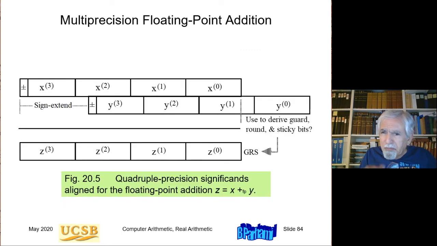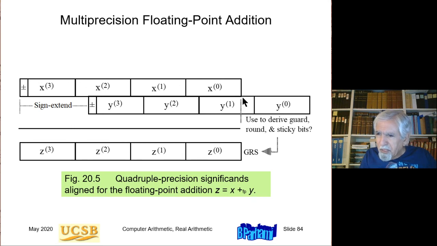For example, these are significands of two floating point numbers in multiple precision, 4 words. Then when you want to add, you have to shift one of them. And then you have to develop an algorithm for floating point addition with shifting. And then you find the result.